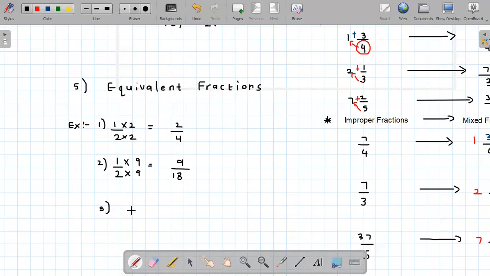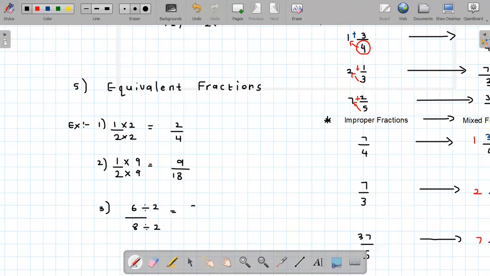So now if I take something like this here, if they ask you to find an equivalent fraction, now you know that you can easily multiply both the numerator and the denominator by a certain number, and you can get an equivalent fraction. But here I am going to do a division. How am I going to do a division? I'm going to divide this numerator and the denominator by the same number, which is 2, right?